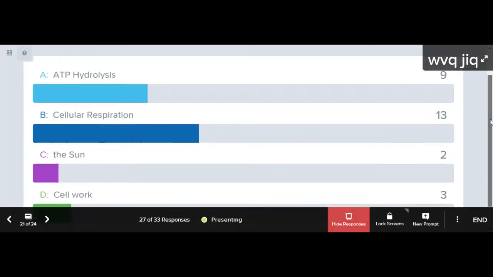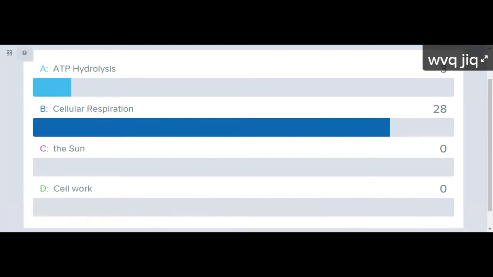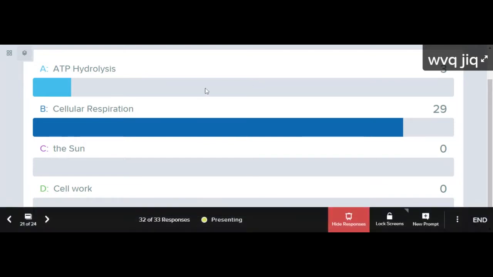Cell respiration, that's it. Cell respiration is how you get it back on. Hydrolysis is how you break it off, right? In cell respiration, you're breaking down glucose in food molecules and using that energy to rephosphorylate ADP. That's it. Okay, good.